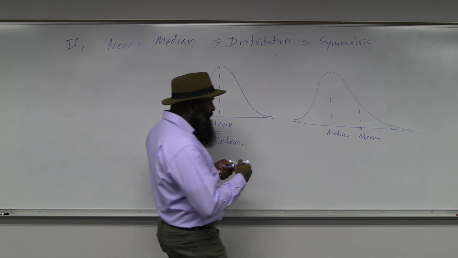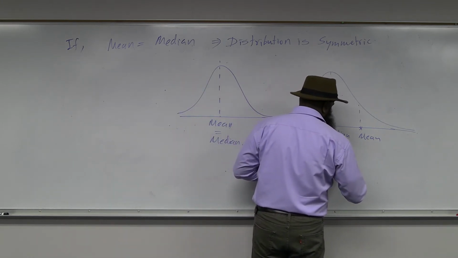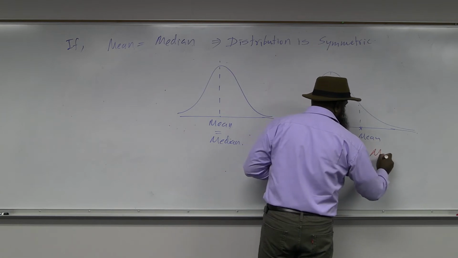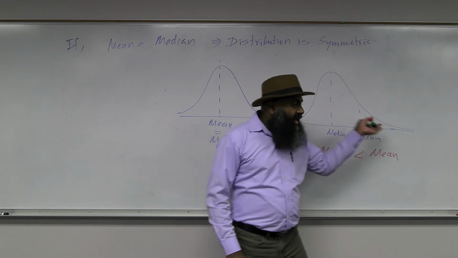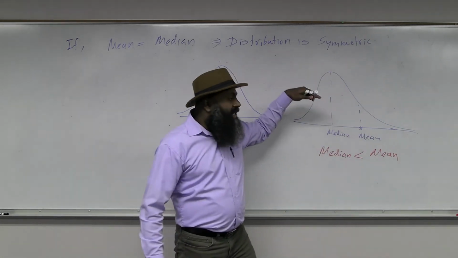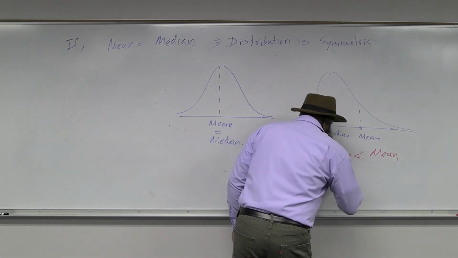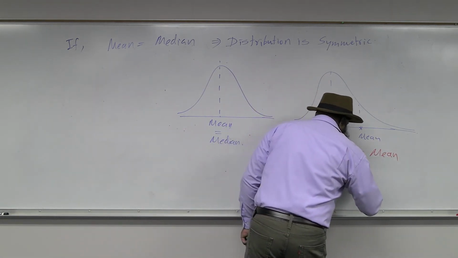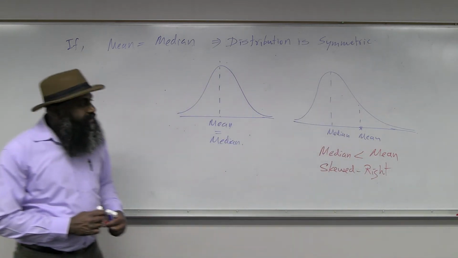So if your mean is larger than the median, you can see that your distribution is skewed. And we say, when you have a tail towards the right-hand side, it is skewed to the right. For this case, we say skewed to the right.